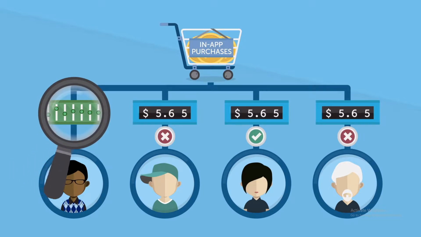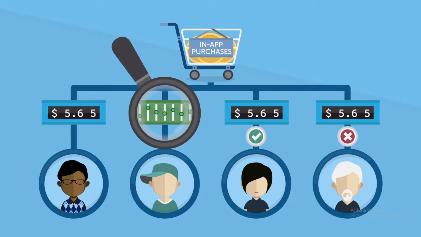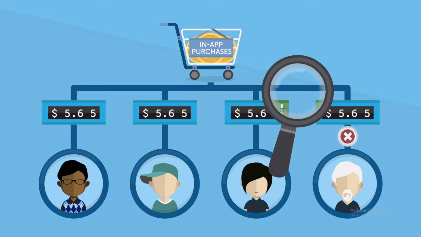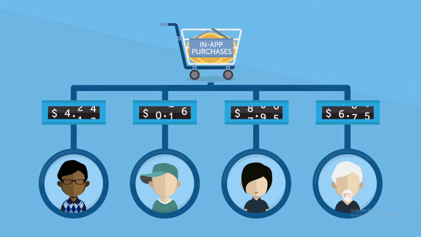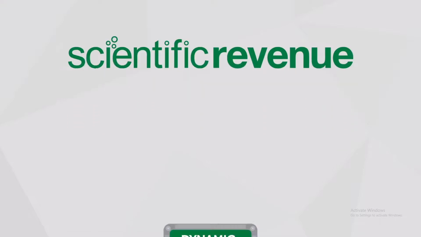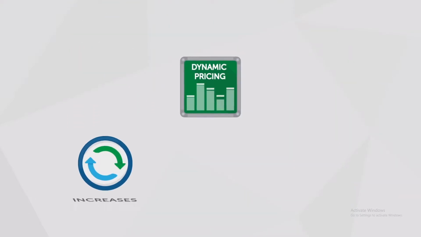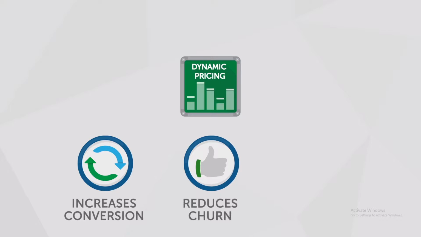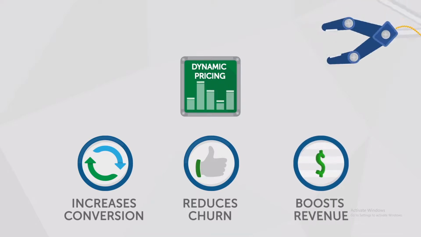To boost revenue, you need deep insights into your players and the ability to customize prices for each. What if you could deliver the right price at the right time for the right buyer? Scientific Revenue lets you stay focused on what you do best, making great games. We deliver dynamic pricing that increases conversion, reduces churn, and boosts the lifetime revenue of your app.